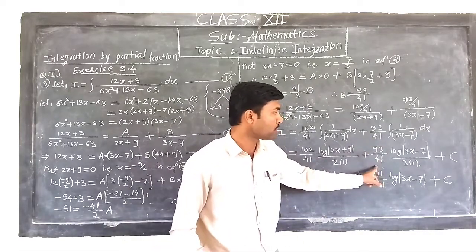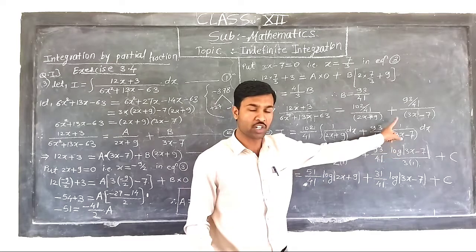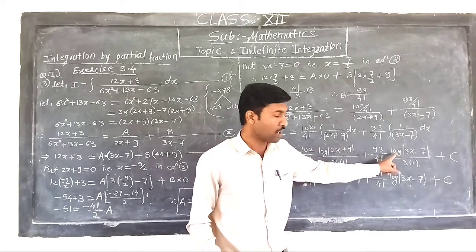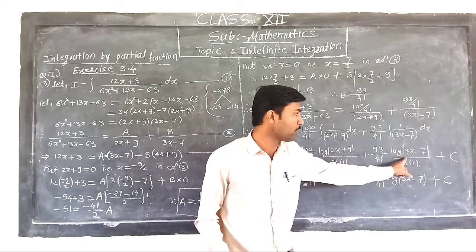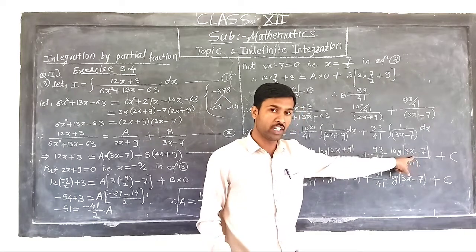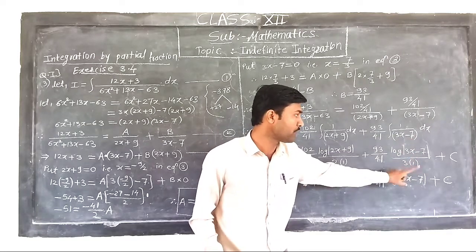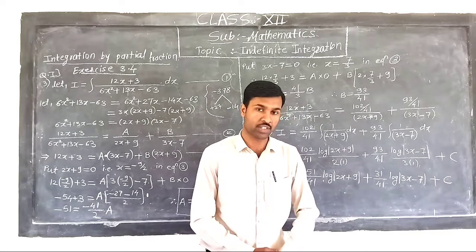Plus 93 upon 41 into the same term, integration of 1 upon f of x dx is log of mod of f of x, so log of mod of 3x minus 7, and in the denominator the derivative of 3x minus 7 is 3, plus integration constant c.